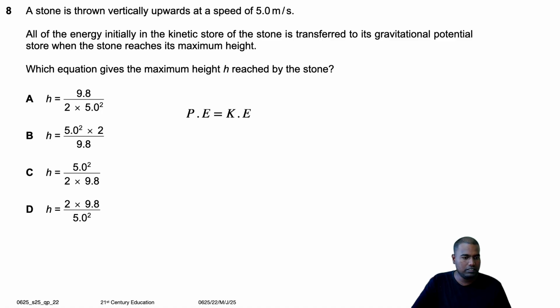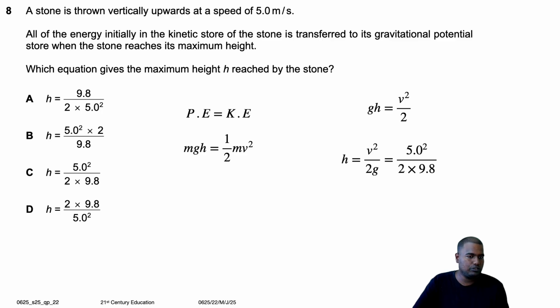We know that potential energy is mgh, kinetic energy is half mv squared. We can cancel m and m. So gh equals half v squared. We want to find h, so we just have to rewrite. h is v squared divided by 2g. If we put the values, v is 5, so 5 squared divided by 2 into g, which is 9.8. I think option C. Yeah.